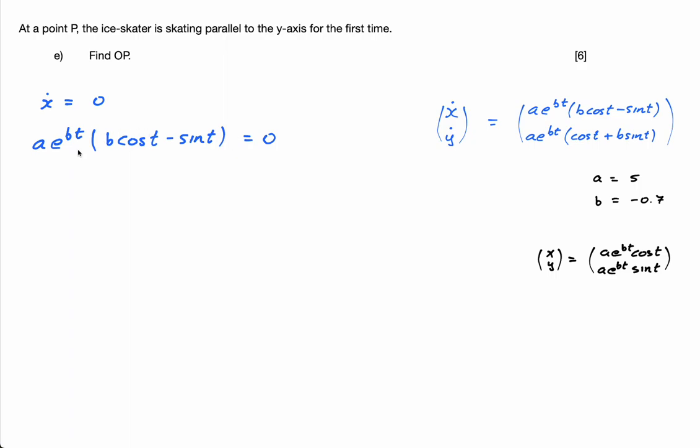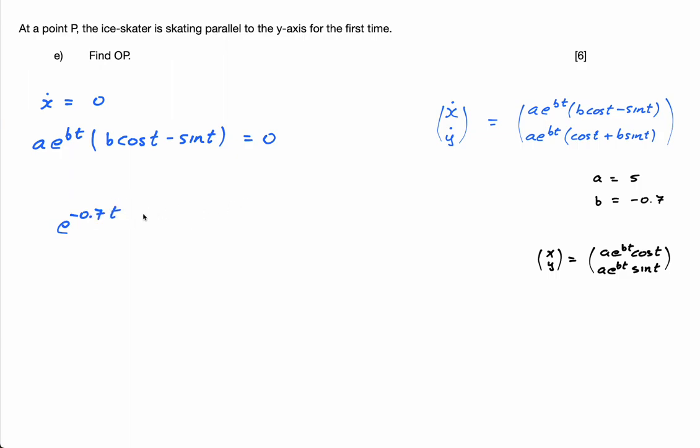Now, if you remember, guys, if you have two things multiplied together equals 0, the a is obviously 5, so that doesn't count. So either this is 0 or this is 0, but e to the bt can't be 0, because it'll be e to the negative 0.7t.